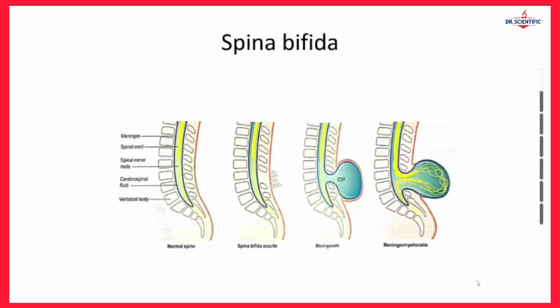This helps prevent development of spina bifida. Severe cases like meningomyelocele will result in symptoms like fecal incontinence and urine incontinence, and can even result in paralysis, somebody not being able to walk because of the nerves being entrapped in the meningomyelocele.